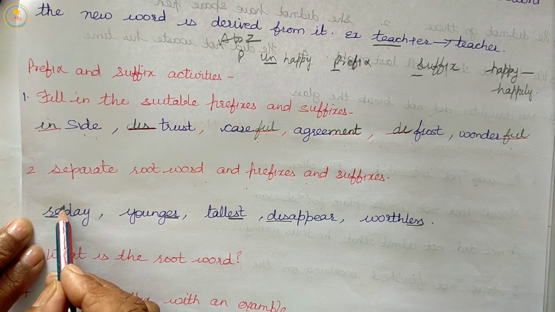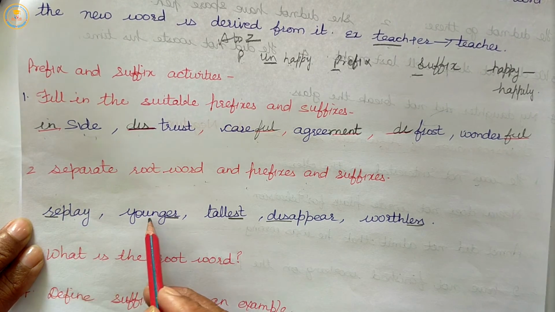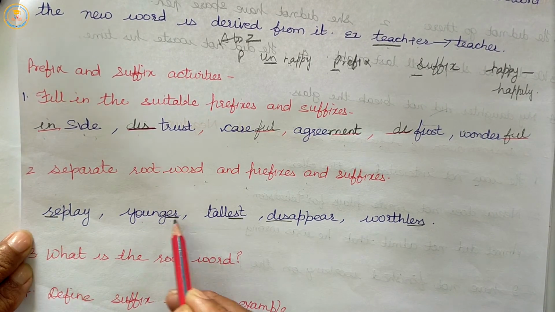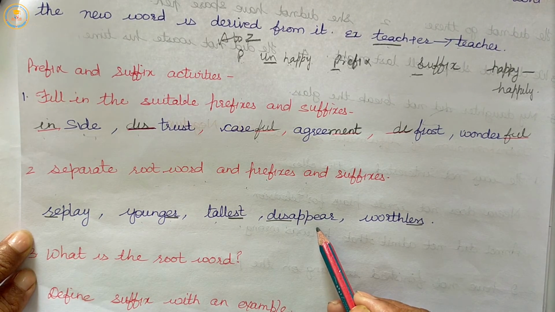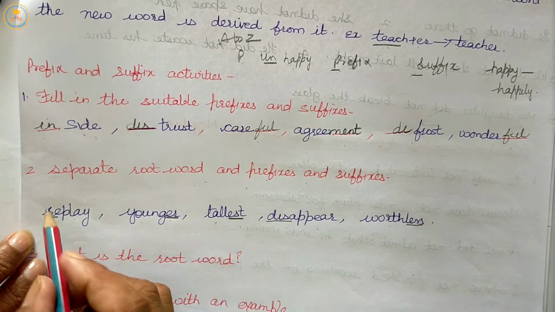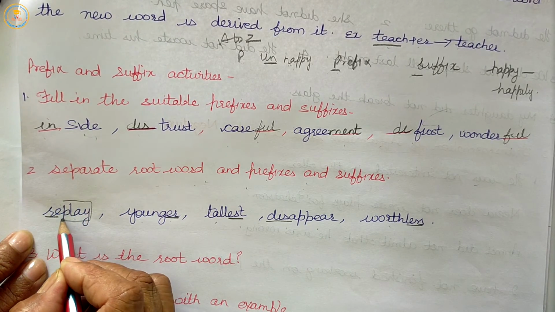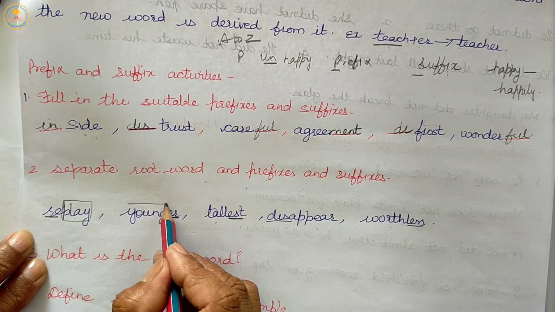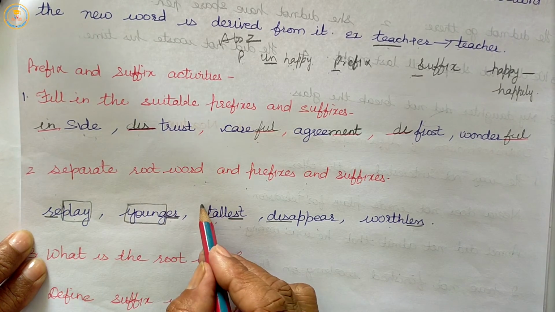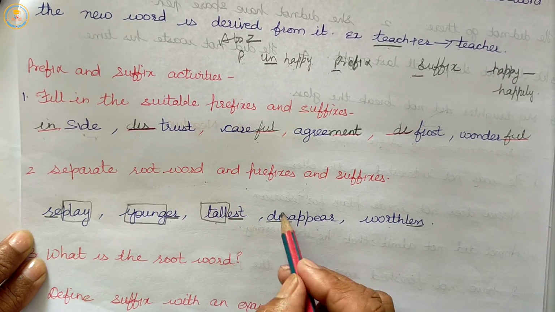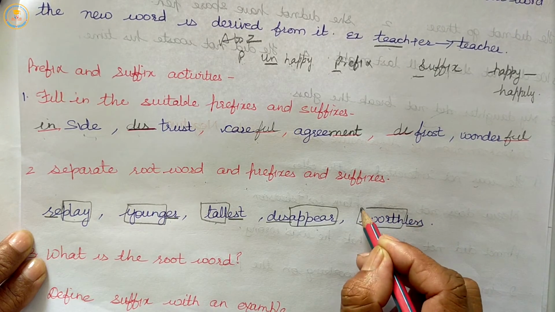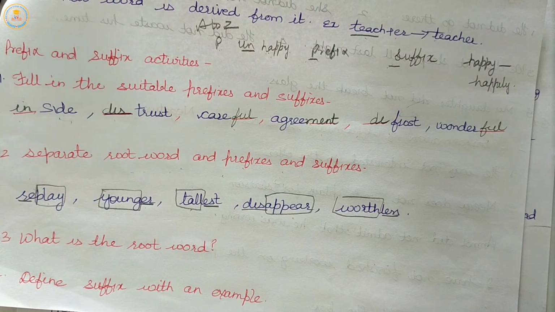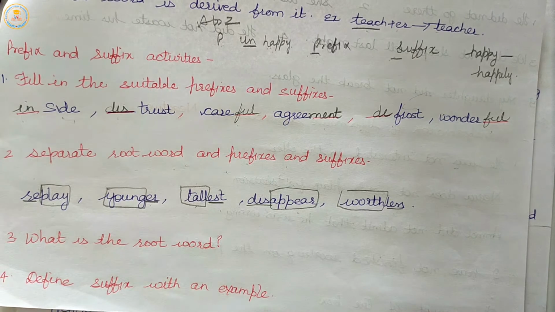Here re plus play, young plus er, tall plus est, dis plus appear, worth plus less, means this play is the root word. Here young is the root word, tall is the root word, appear is the root word, worth is the root word.